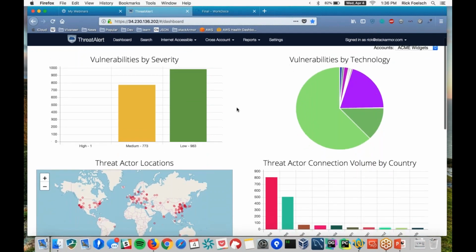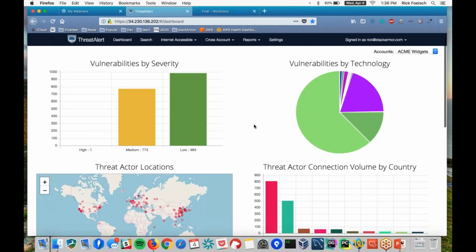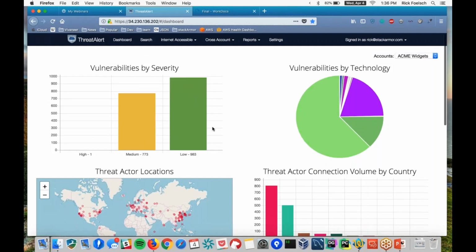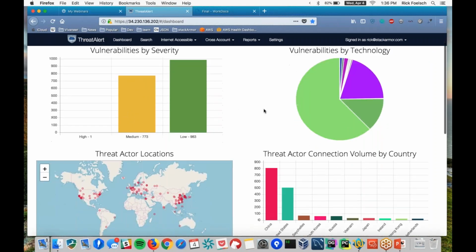As you can see by the various dashboard items, we're trying to show you where your current state is at. Our company, Acme Widgets, has a few low vulnerabilities, more than a few, and medium, and some highs and no criticals. Again, it's to give you an idea of what's going on in your environment.